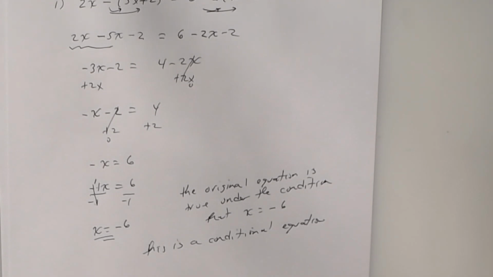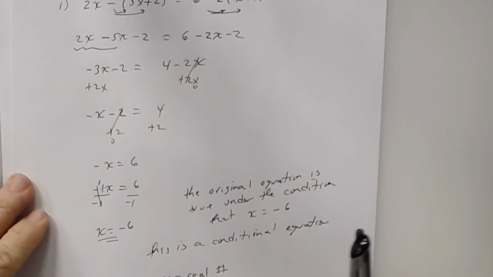So if you get x to be a real number, it's a conditional equation, because that equation is true only if x are those numbers. Okay? All right? All right, so that's number one.